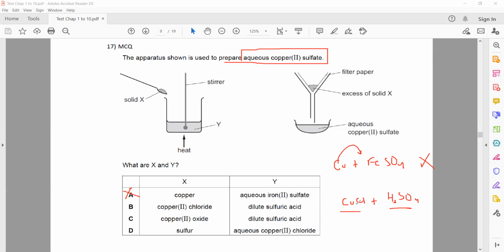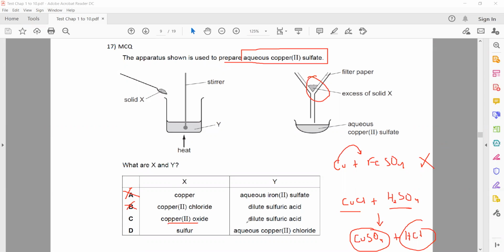It will result in the formation of copper sulfate solution plus HCl. But copper sulfate is soluble and HCl is also aqueous, so how can something be left on the filter paper? There will be nothing left on the filter paper. So this cannot be the answer.